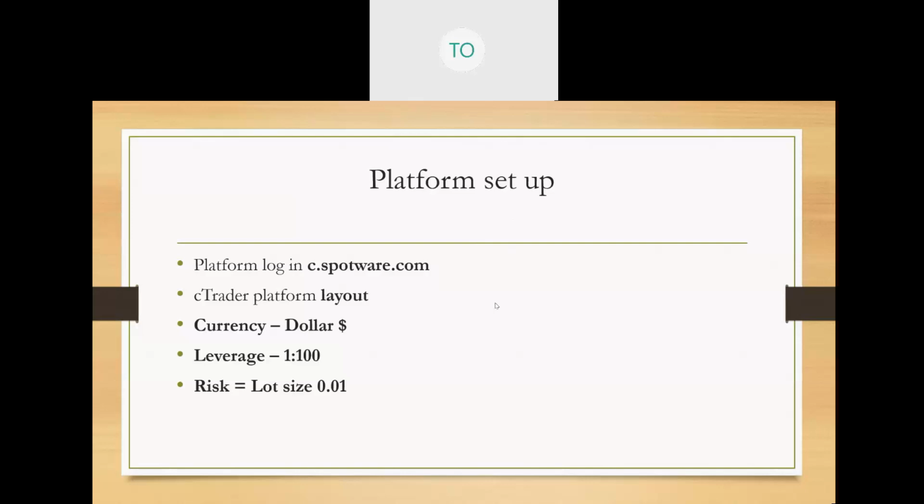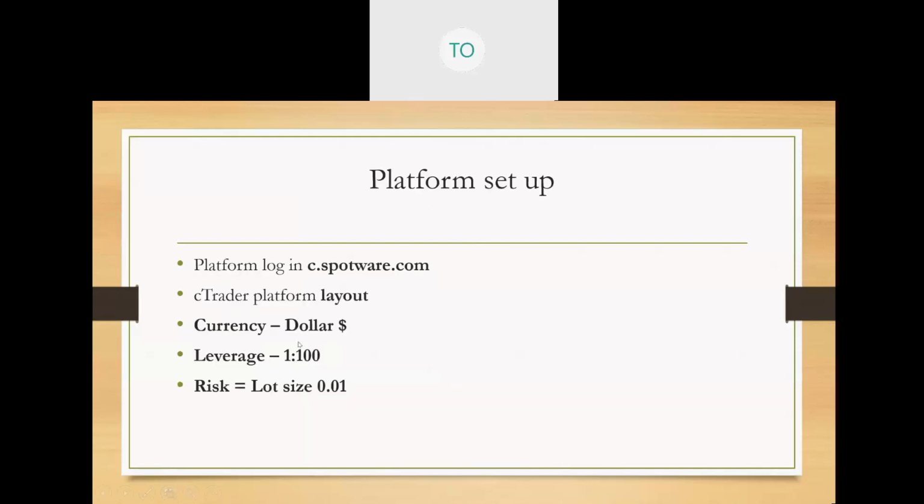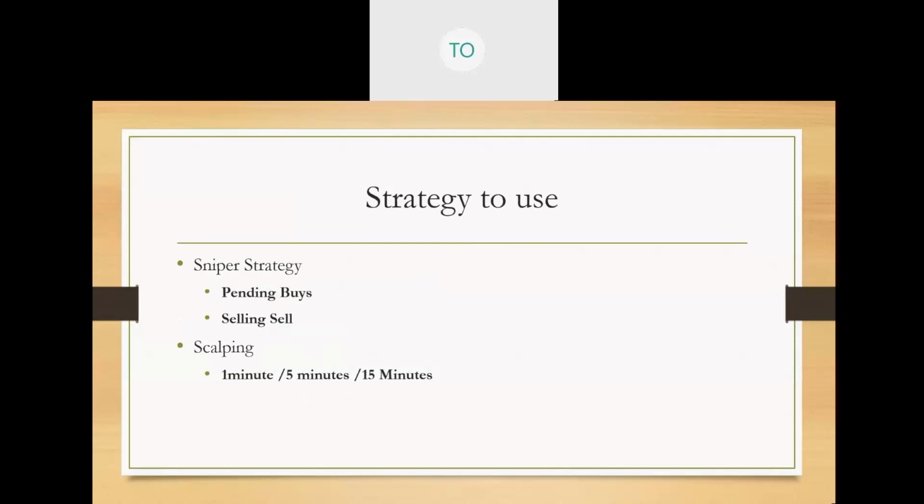All right. Then next slide. So with this setup, we will then go to our strategies that we have set up, which we all know, the sniper strategy, where we do pending buys and pending sells.